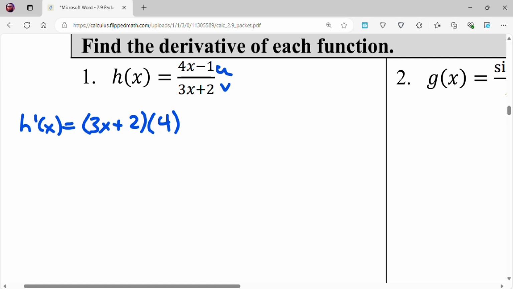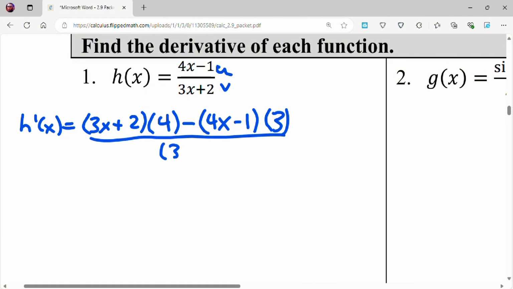So that is our u prime. So v u prime minus u v prime. The derivative of v is going to be the derivative of 3x plus 2, so that is going to be 3. And all of this over v squared.